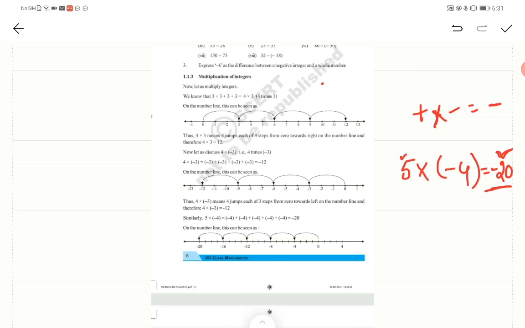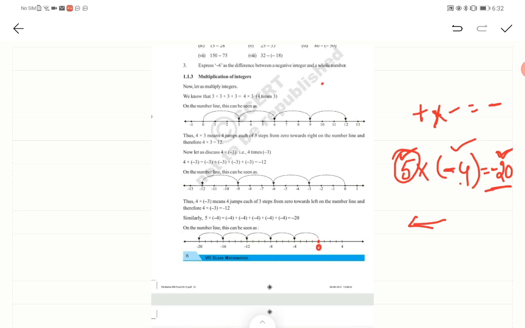Let's plot it on the number line. You start from number 0. How many hops are you doing? You need to do 5 jumps with 4 steps, and since it is minus, you are moving back. It is the same rule as we have seen for addition or subtraction, but the difference is that since it is multiplication, you are hopping 5 times.